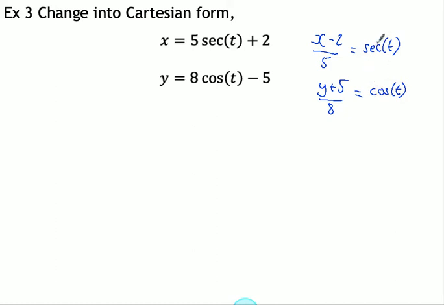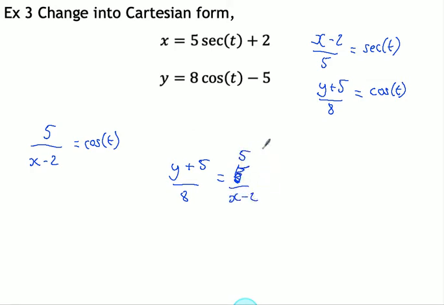So what we can do here is I can change that top equation by taking the reciprocal of both sides. And now we have it written in terms of cosine for both expressions. So now I can write this, and this is true.